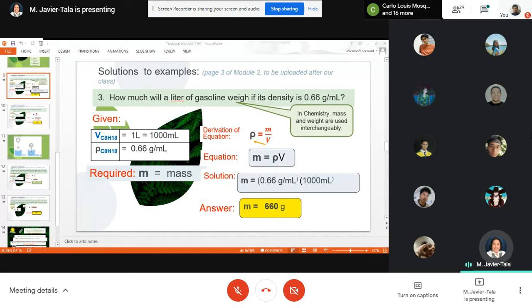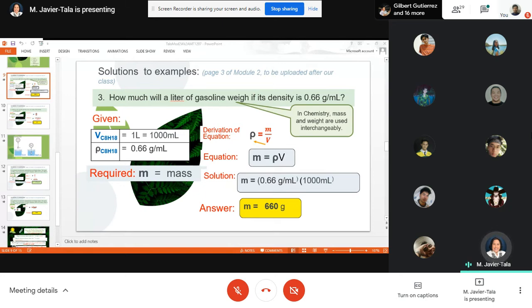For the next example, class, you are asked for the specific gravity of an iron cube if its density is 2.3 grams per cubic centimeter. You are required to solve for the specific gravity or relative density.